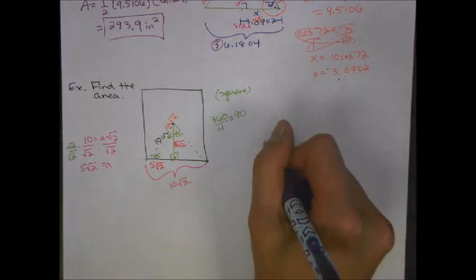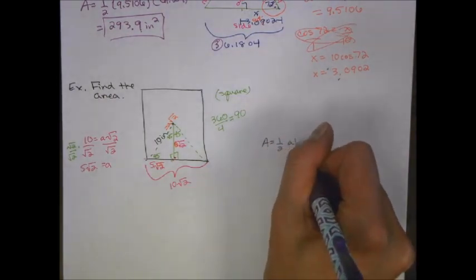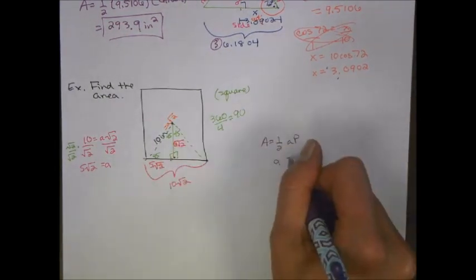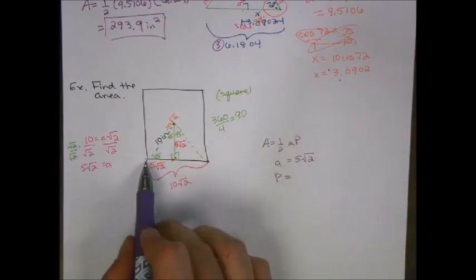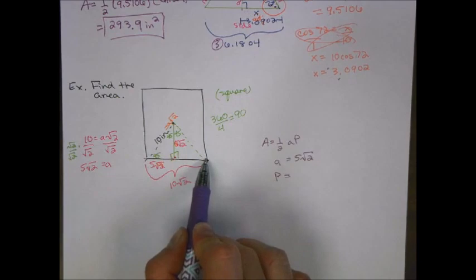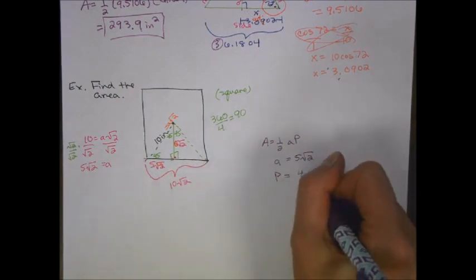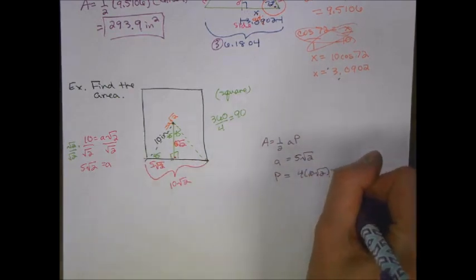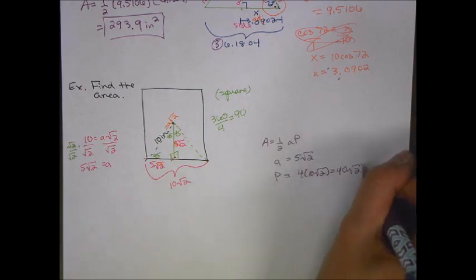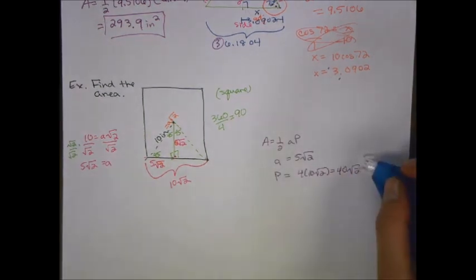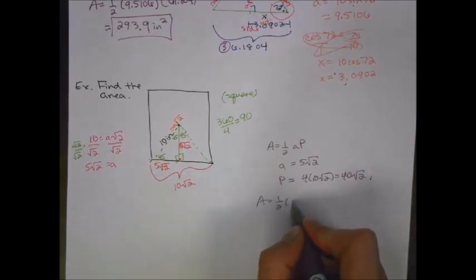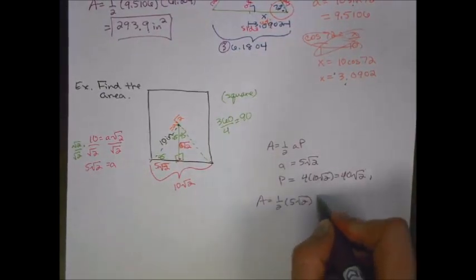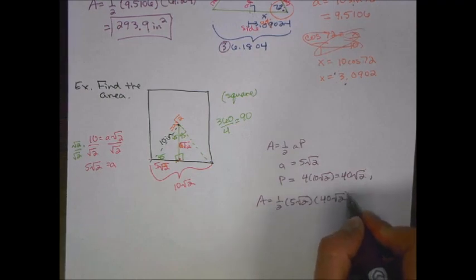Let's go ahead and plug it into our formula. We found our apothem is 5 root 2. Our perimeter is, this side is 10 root 2, so 10 root 2 times 4 is 40 root 2. So our area is 1/2, 5 root 2 times 40 root 2.